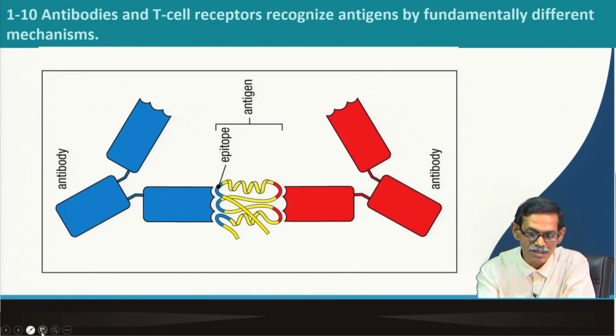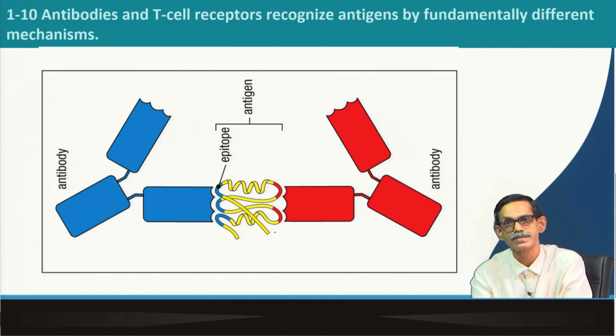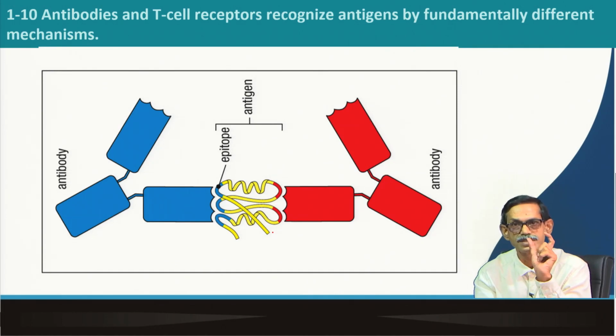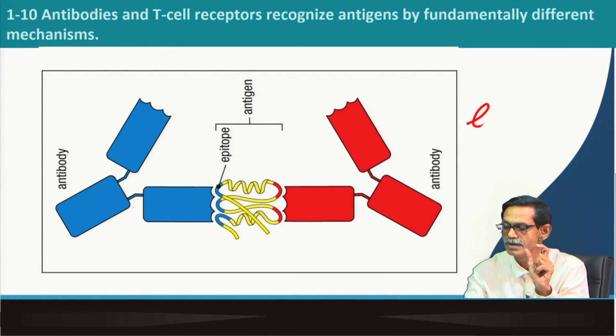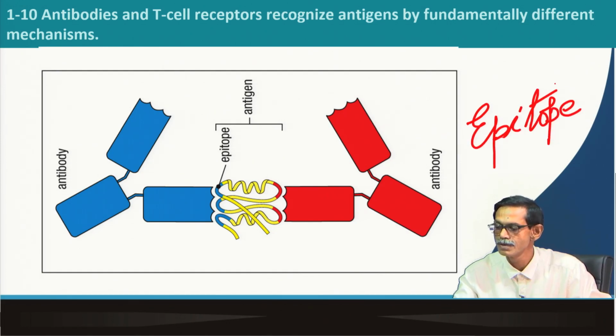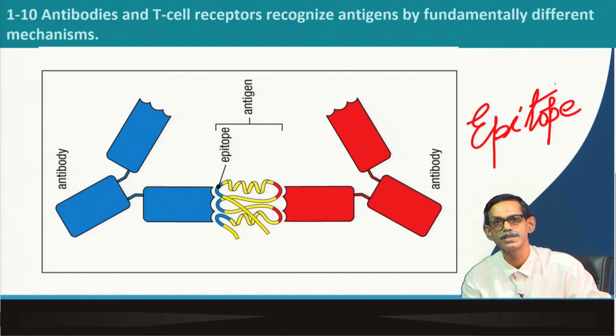It is known as this blue or red part. So, the segment of the antigen which is recognized by the antibody's antigen binding site is known as the epitope.